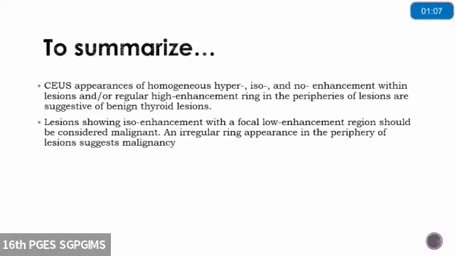So to summarize, if there is homogeneous hyper, iso or no enhancement, and a regular high enhancement ring in the periphery, they are mostly benign. If the lesion shows iso enhancement with focal areas of low enhancement, it should be considered malignant, and an irregular ring in the periphery also suggests malignancy.